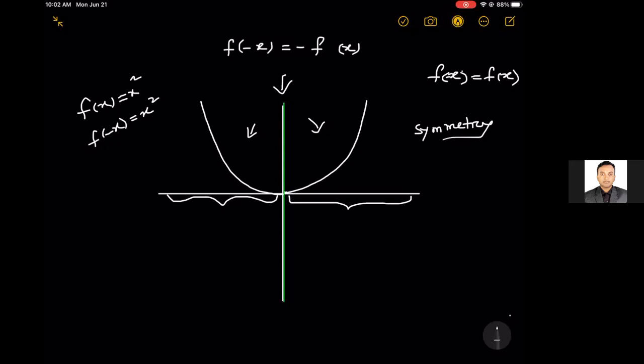Using the first and second derivatives, we can derive lots of information: the extreme values, obviously concavity, inflection points, critical points, intervals of increase, intervals of decrease, right? We can actually determine a lot of things from these first and second derivatives.